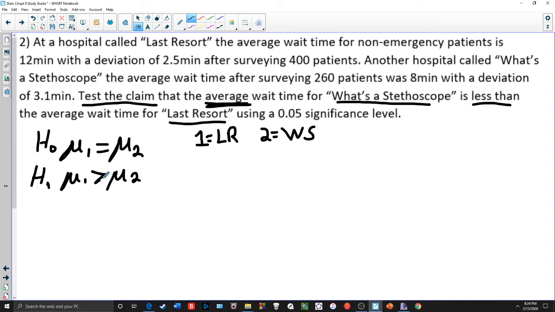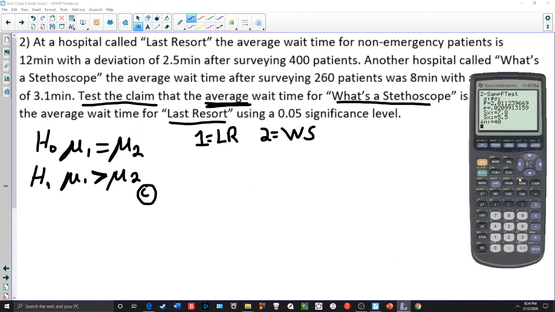People should be waiting longer on average at Last Resort's hospital than at What's a Stethoscope, based on this survey. And we're going to test to see how accurate that is. So we're claiming that Last Resort has a higher wait time than What's a Stethoscope. That's why, again, Last Resort is in front and being eaten by the bigger than sign.